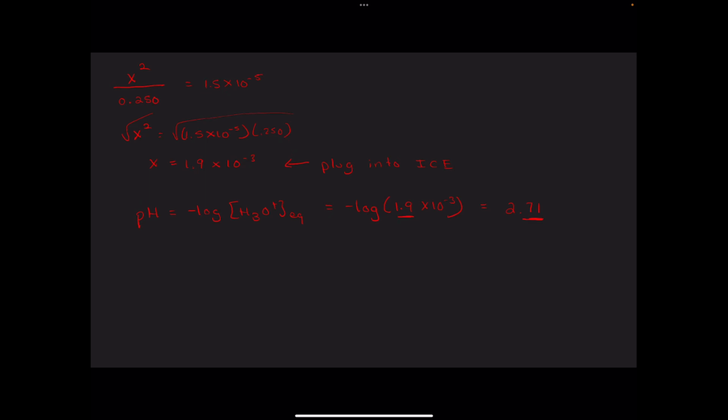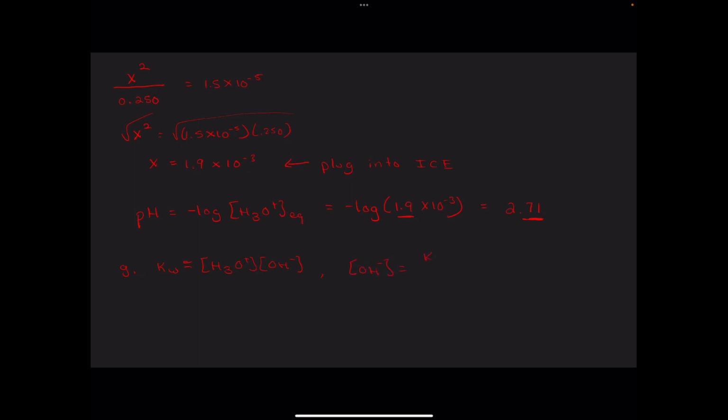Now we're also asked to calculate the concentration of hydroxide. Hydroxide is always going to be present in our solutions, and we can calculate it based on our hydronium concentration. So again, we're using that equation that Kw equals the concentration of hydronium times hydroxide. I rearrange my equation because I'm looking for hydroxide.